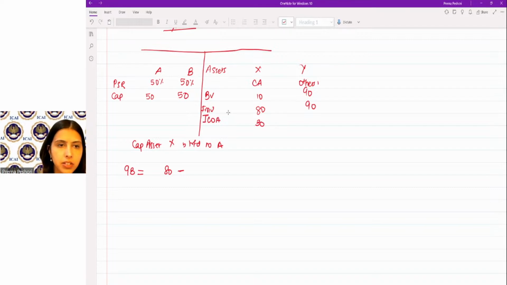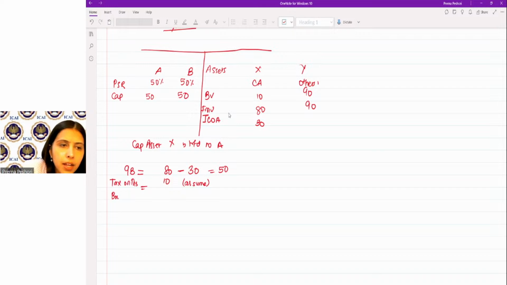So 80 minus 30, my 9B will be 50. Let's say tax on this is, let's say, 10. Let's assume. Right?